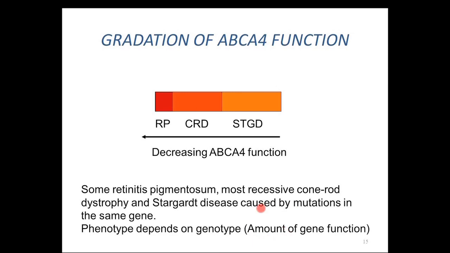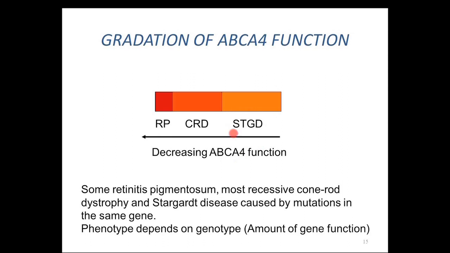And this points out that defects in one single gene can cause quite different phenotypic manifestations. In this case, it is sort of true within a family. If in a family one child has Stargardt's disease, other affected children in the family basically have the same condition, and the same with cone rod dystrophy, and the same with this rare family from Spain who had retinitis pigmentosa.